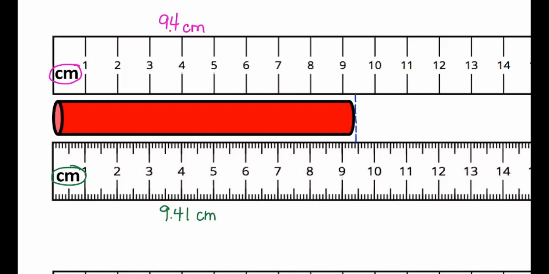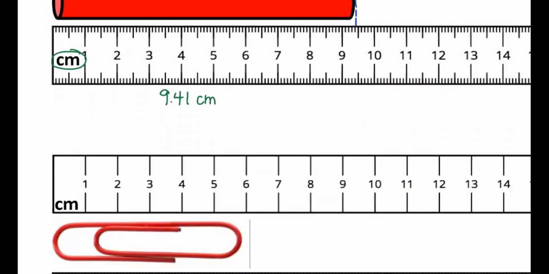You could have said that, oh, I see it right at 9.4. Then you could have said, oh, the measurement is 9.40. Again, the bottom ruler has a marking for that 0.4. My estimated digit is the second value that I see after that 0.4 because it is not in the marking.